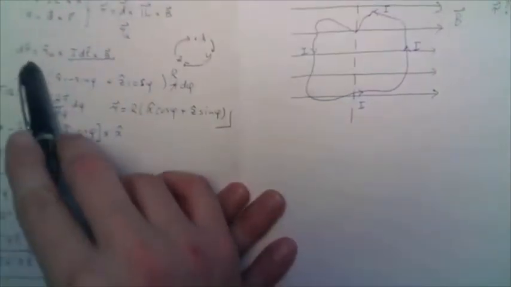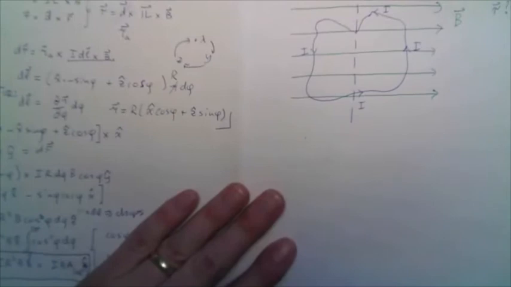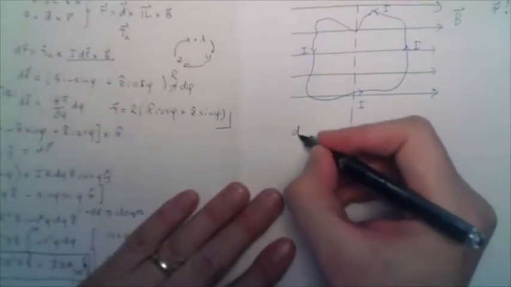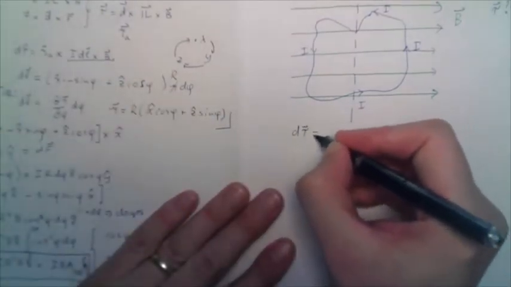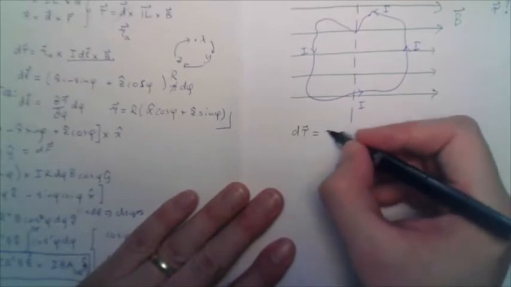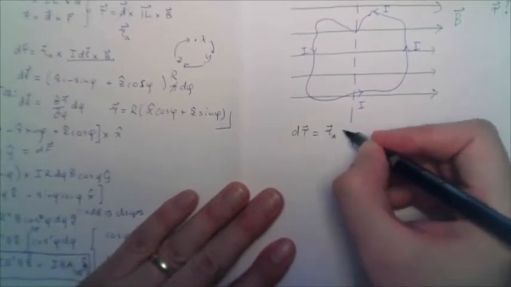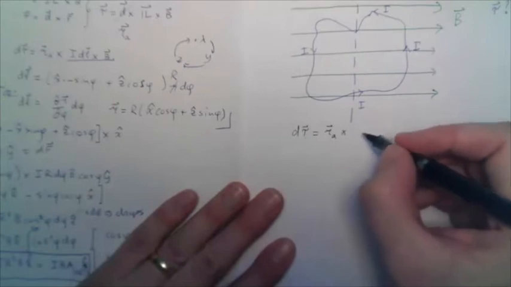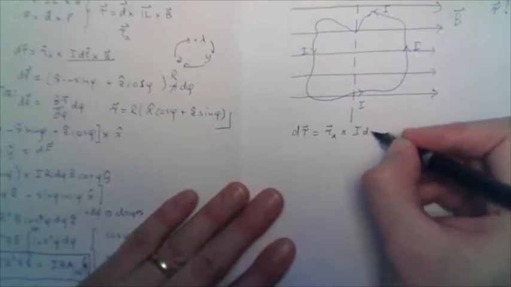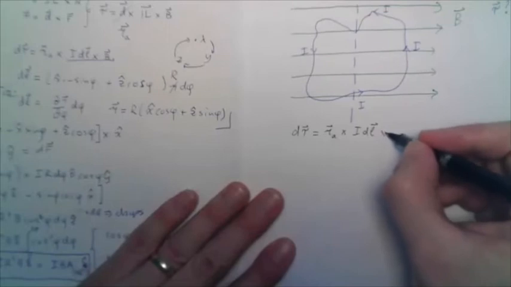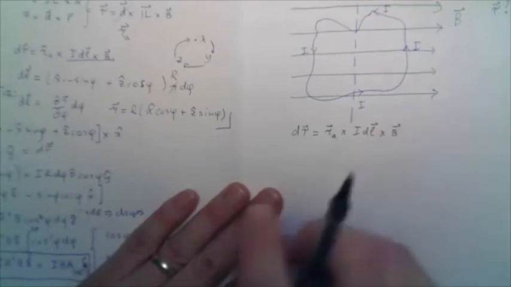So we still have this term: d tau is r of the arm crossed with I dl vector crossed with B.